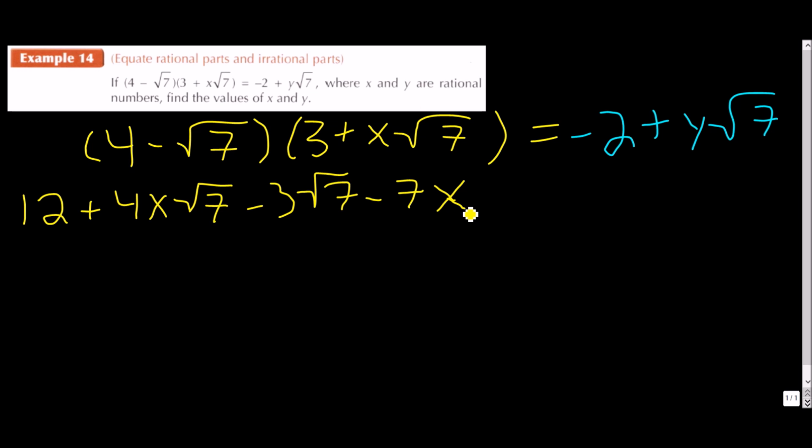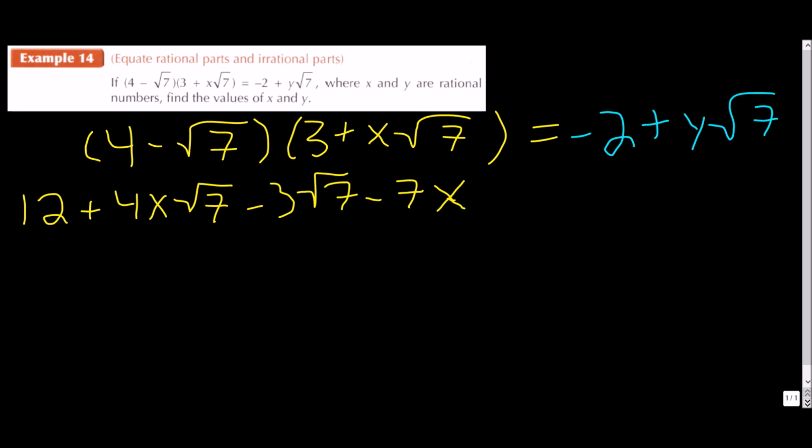Okay, so what we see here is we've got square roots of 7 and we've got other parts that are not. So with this type of problem, we're going to want to group things together. And I would say group it like what we have over here. So I have the square root of 7 stuff at the end and have everything else at the beginning.